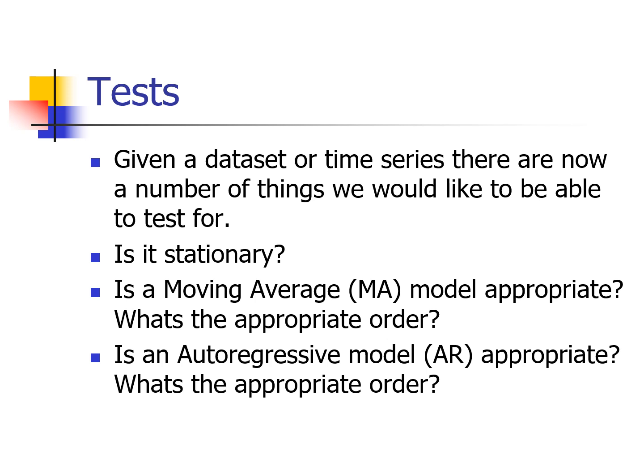So the first question is, is a moving average appropriate? If it is, what's the appropriate Q? The second question is, is an autoregressive model appropriate? If so, what's the appropriate order, what's the P? And then I guess we also have that question, is a mixed model appropriate, but we'll talk more about that in a little bit.